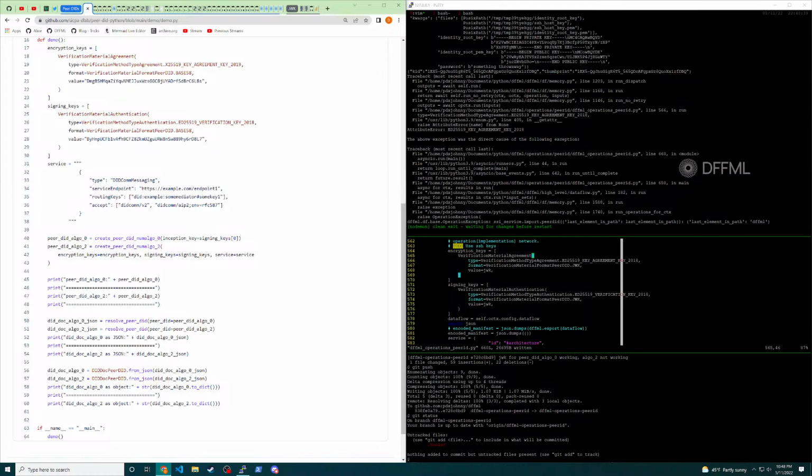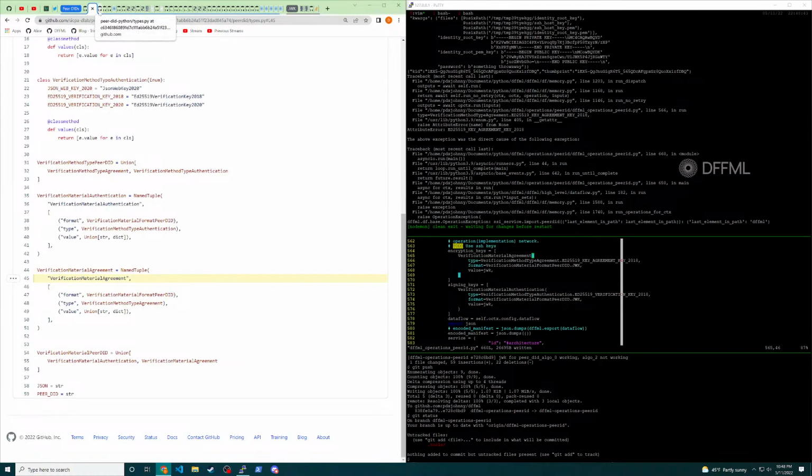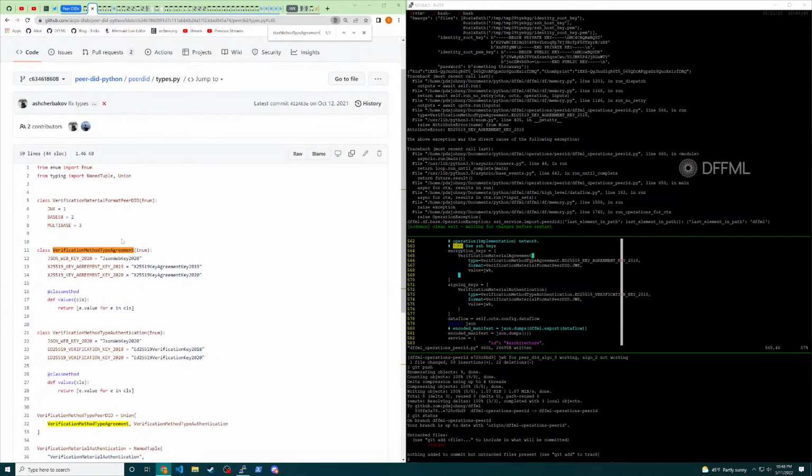So we want to understand what is this verification method material agreement type. All right, so it's one of these JSON Web Key 20. We're going to just try all these, see which one works.